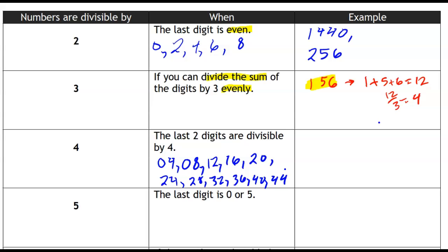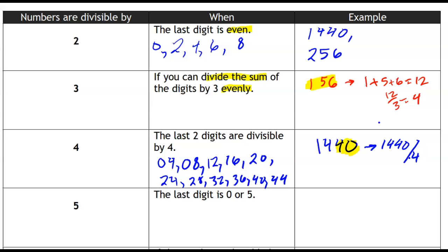But I can also say, the one on the top, 1440, since 40 divides by 4, then 1440 also divides by 4.